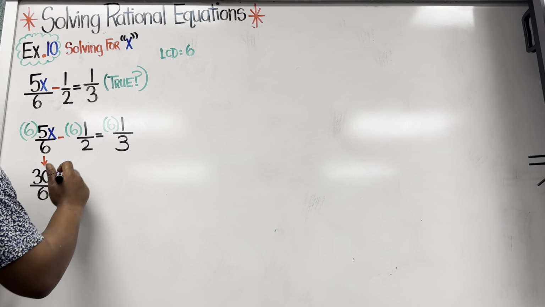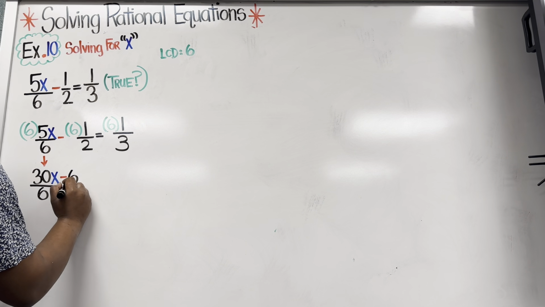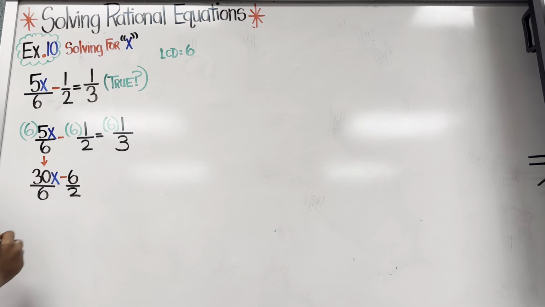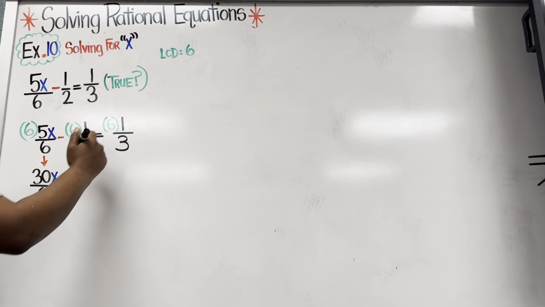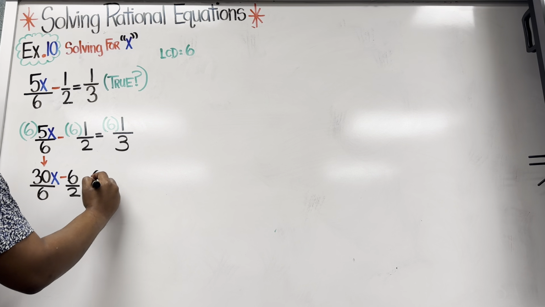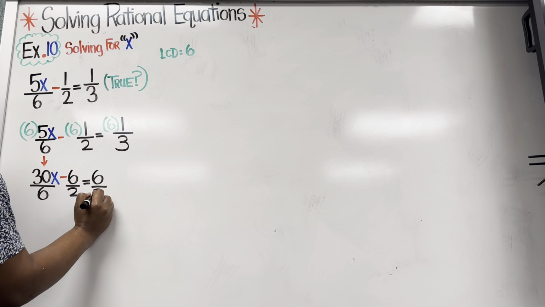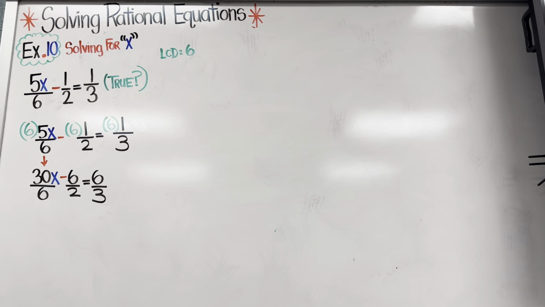Equals 6 times 1, once again, that's 6, so that's going to be 6 over 3. So far, guys, we have 30x over 6 minus 6 over 2 equals 6 over 3.